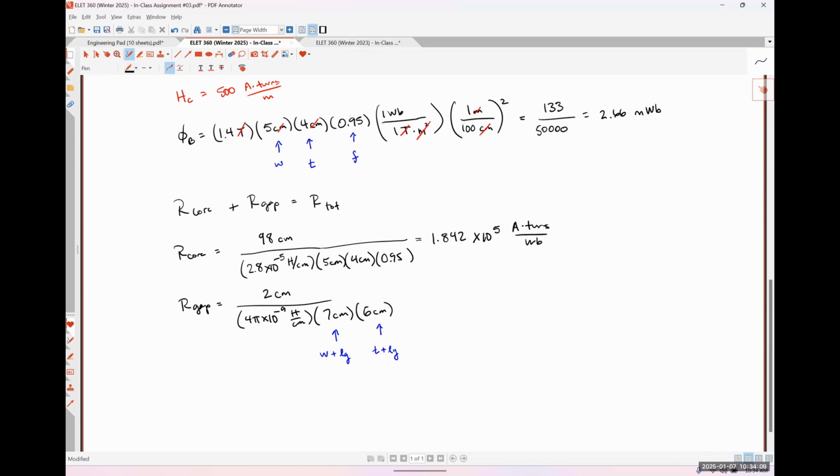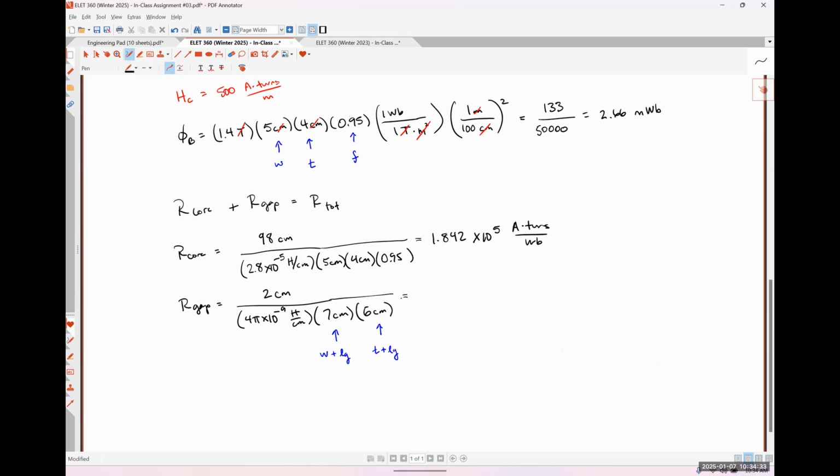Do we need to include our stacking factor in our gap reluctance? No, because it's just air, right? So throwing this in my calculator, I have 2 over 4 pi times 10 to the minus 9 times 7 times 6.